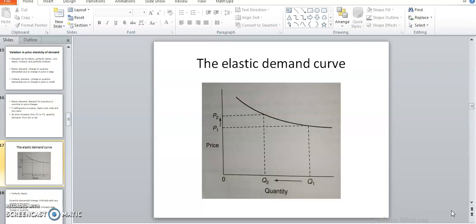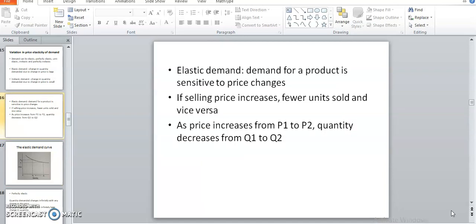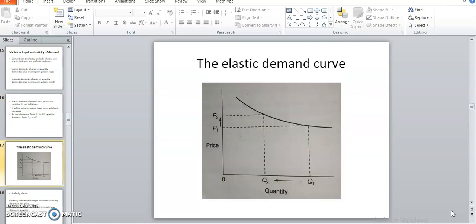This is called the elastic demand curve. And vice versa, if the price reduces from P2 to P1, the quantity demanded changes from Q2 to Q1. So this is the elastic demand curve.